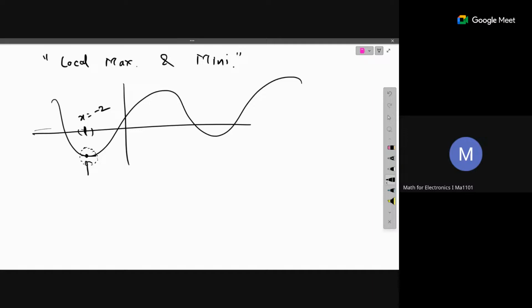Every value of the function is actually smaller than the value of the function at x equals -2.